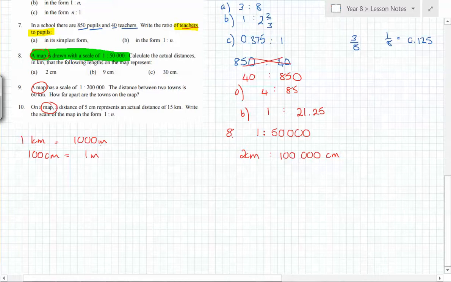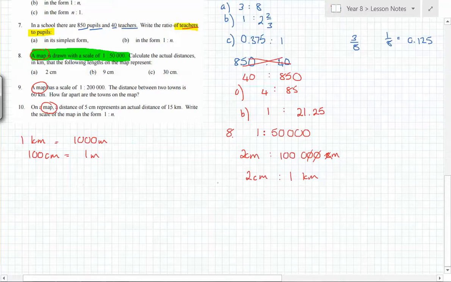So I've got 1 kilometre is 1,000 metres, 100 centimetres is 1 metre. If we start with 100,000 centimetres, if we divide by 100, we get metres. So cross a couple of them off, gives me metres. Divide by 1,000, well I've got 1,000, so that means 2 centimetres is 1 kilometre. You all get that? Yes.